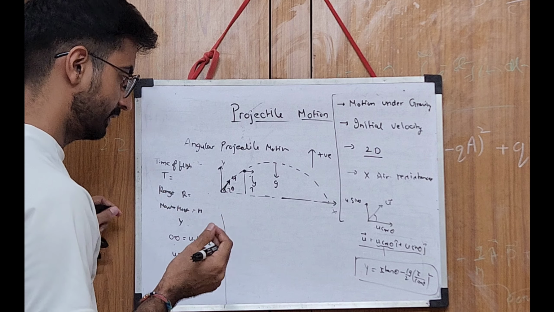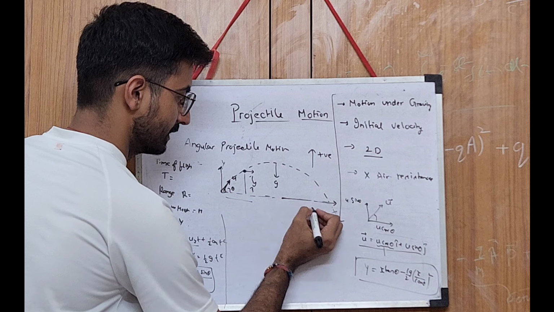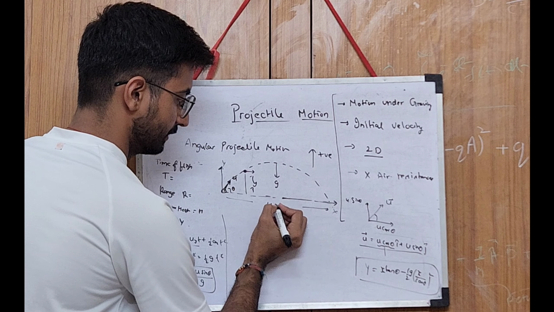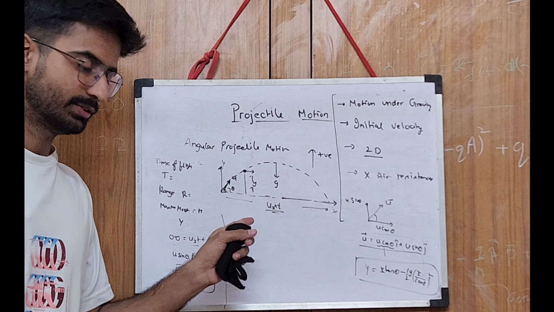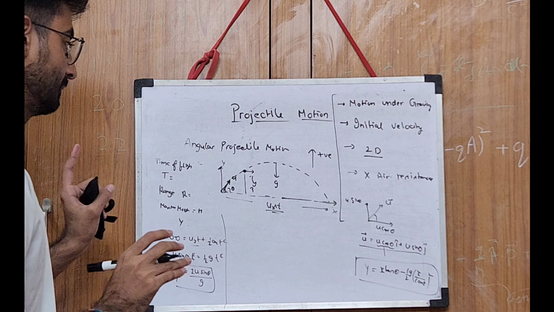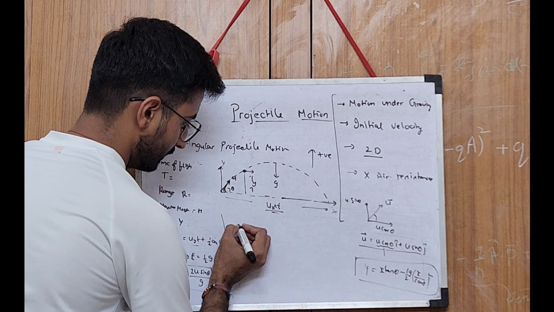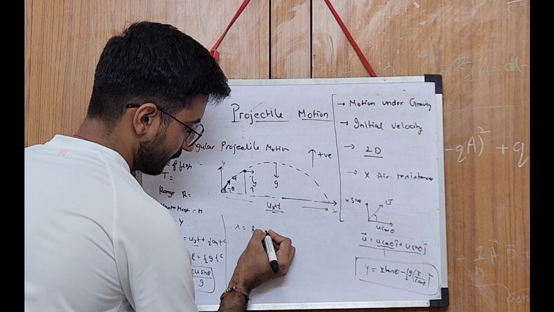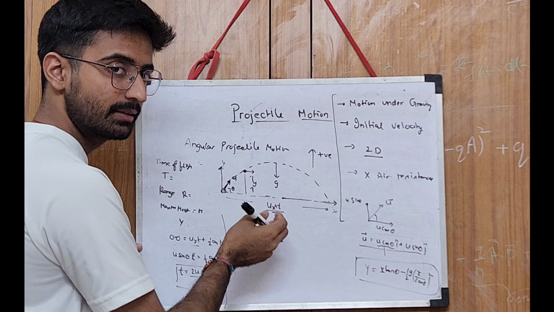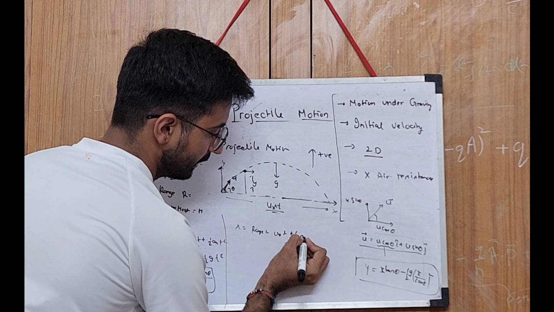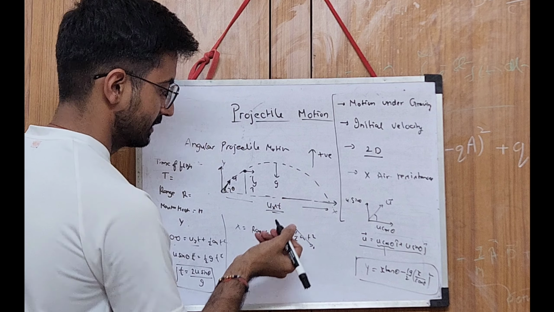For range, what is range? Range is this distance traveled, so that is ux into t, meaning the horizontal velocity component into the total time taken by the projectile, the time of flight. And we can see that this is x, or range, and this comes from the first equation of motion, that is ux t plus half ax t square. ax is 0, so this is simply ux t.